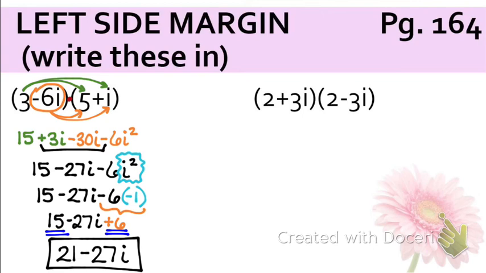To make 2 equations. Don't you do 2 times 2 and then 2 times 3i? 2 times 2 and 2 times negative 3i. Yeah, that's what I said. And then 3i times 2 and 3i times negative 3i.